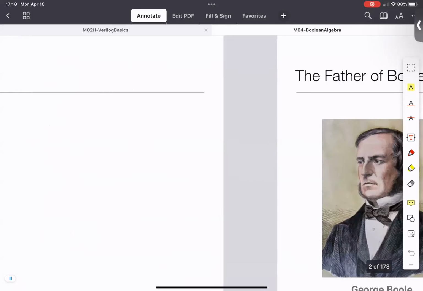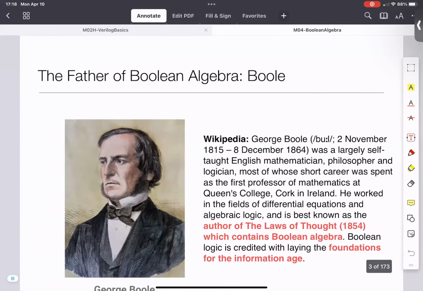Okay, so the father of this thing is, as you might imagine, a guy called Boole, who lived in the 1800s, and he has to his credit this grand thing called the laws of thought. And Boolean algebra is part of that.